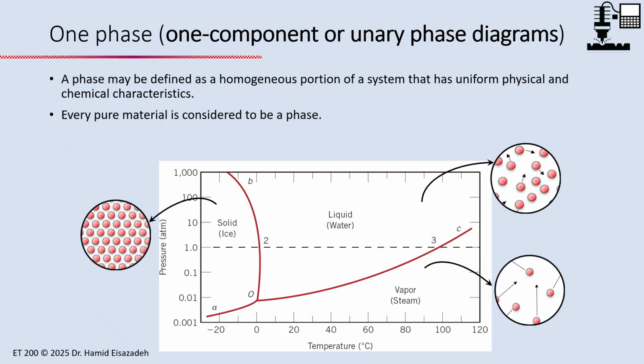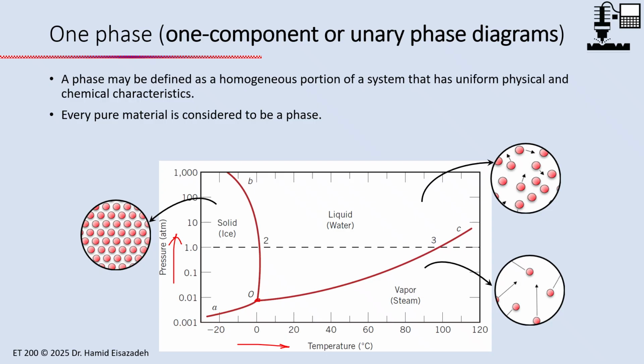Probably you have seen phase diagram for water. This is a very well-known example for water, where we have pressure, temperature. As you see here, this is temperature. At different temperature and pressure, we have different state of water. Here, this is a triple point.